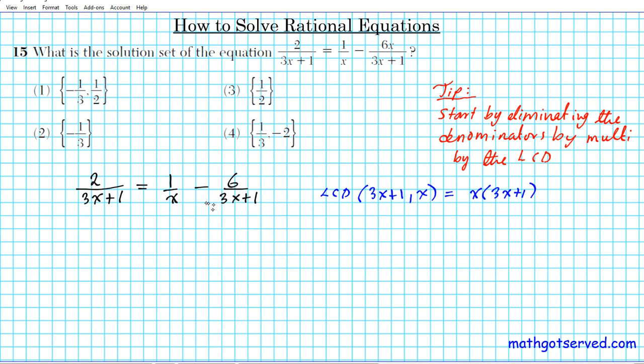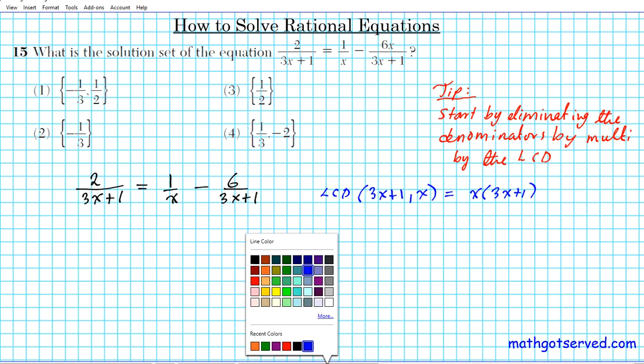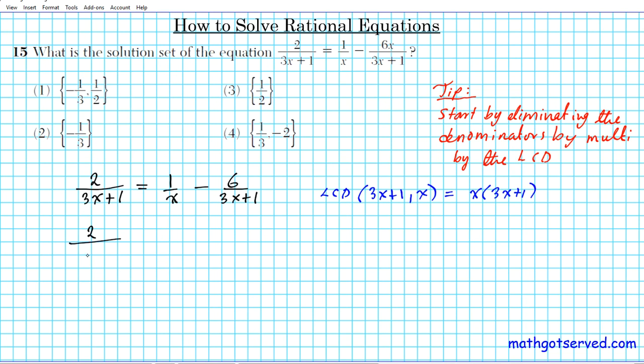Alright, if you do not know what the LCD is, just simply take all the denominator factors, put them next to each other, and multiply. It's going to be a little bit longer, but you will get the same answer. Alright? So to eliminate the denominator, what I'm going to do is multiply every single term by the LCD. So let me rewrite this again, 3x plus 1, so that you can see exactly what's happening.